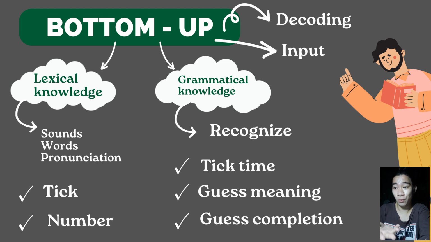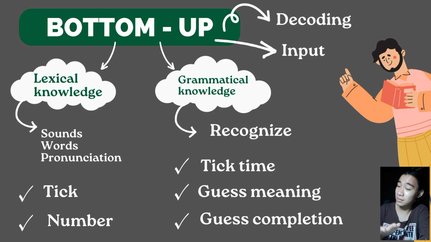Here you have a lot of activities that you can do as a teacher. For example, students might listen and pick the time, whether it is present or past, and so on. Here you are training your students on tenses. You can also ask your students to guess the meaning or the completion of what they hear.